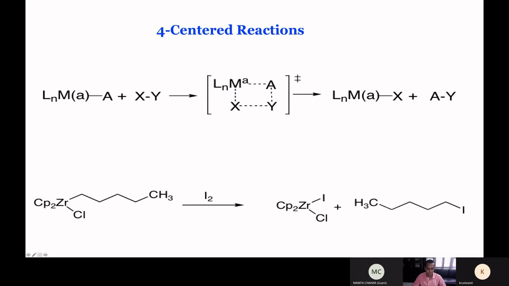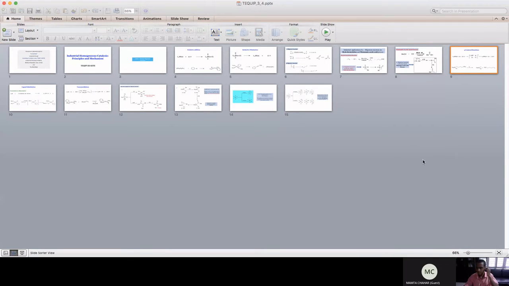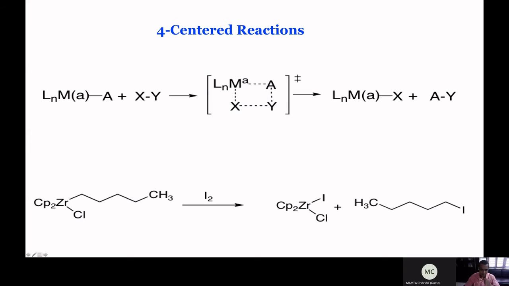So this is where we needed a four-center reaction mechanism. The four centers are attaching to each other, as you can see by this mechanism over here.